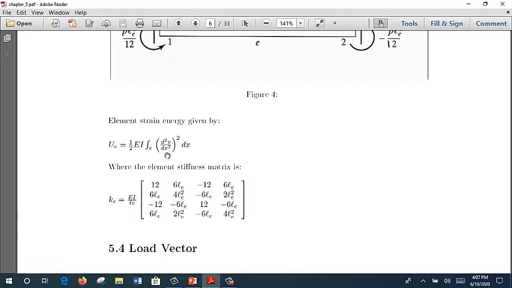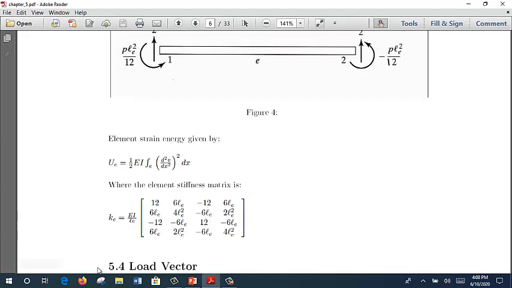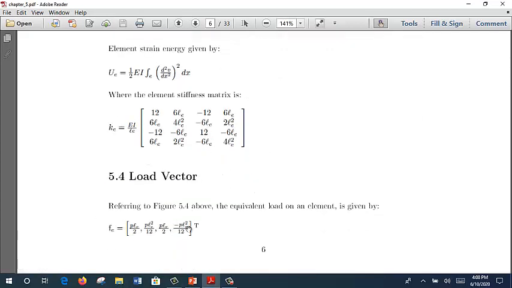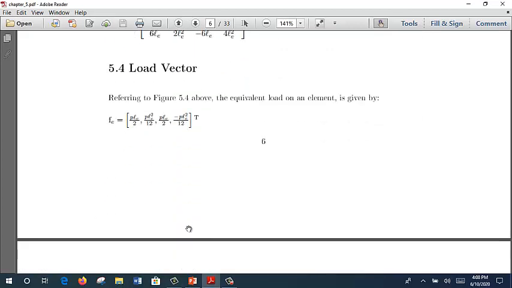So this is the case when the L is equal for every element in the system. It means that if you consider equal length of the beam, you need to use this kind of formula. Okay, so now we continue to the next section.